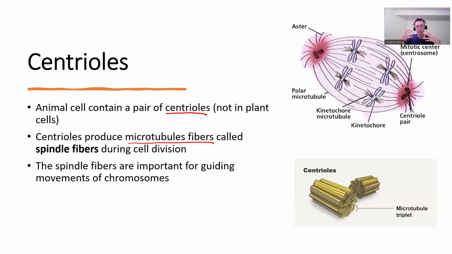Because we have 46 chromosomes, and when a cell divides, we have to make sure that the two new cells each get 46, right? So we have to move the chromosomes around, and the way to do that is by creating special microtubule fibers called spindle fibers. If you don't remember the name for now, that's fine. We will learn more about the spindle fibers later on when we discuss mitosis.